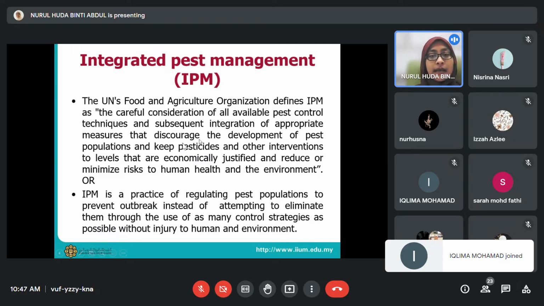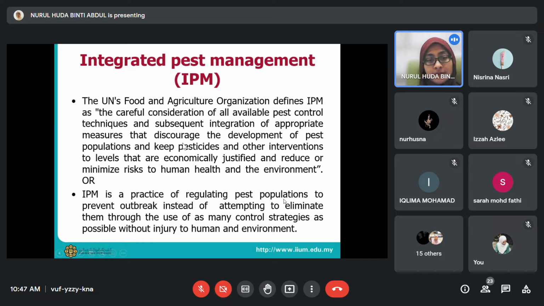Okay, or the IPM also is actually a practice that regulate pest population to prevent the pest outbreak instead of attempt to eliminate all, okay, through the use of many control strategies as possible without injury to human and environment. So it's just the meaning is the same, okay, atas ke bawah ni sama, cumanya it depend on the wording lah, macam mana dia tulis ayat tu.